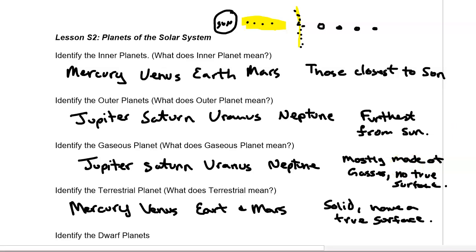Maybe you're familiar with the old hymn, Crown Him Lord of All, where we talk about how we're on this terrestrial ball. And that's just saying that Earth is a terrestrial ball. It is a solid surface sphere.